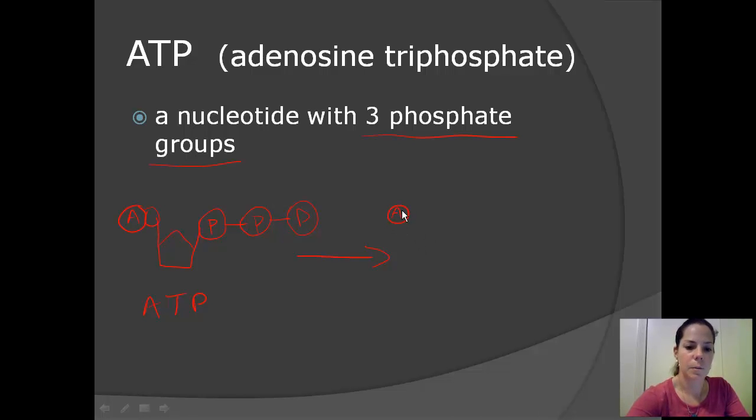Still have the A up here. And we still have one phosphate group, two phosphate groups. However, the other phosphate group has been released, and that also releases the energy that the cell requires.